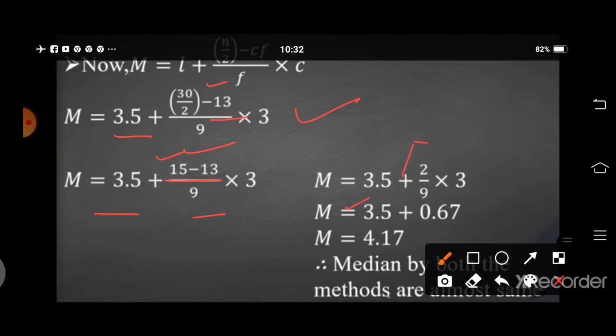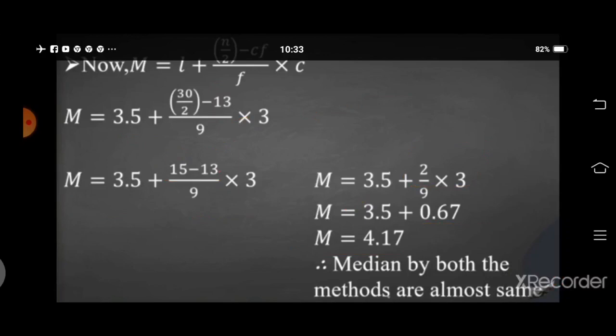Solve this, we will get 0.67. Add it, you will get median 4.17. Median by both the methods is almost the same, because here we are getting 4.17. 4.17 is approximately 4 days. So the median of classified or unclassified data are approximately equal.